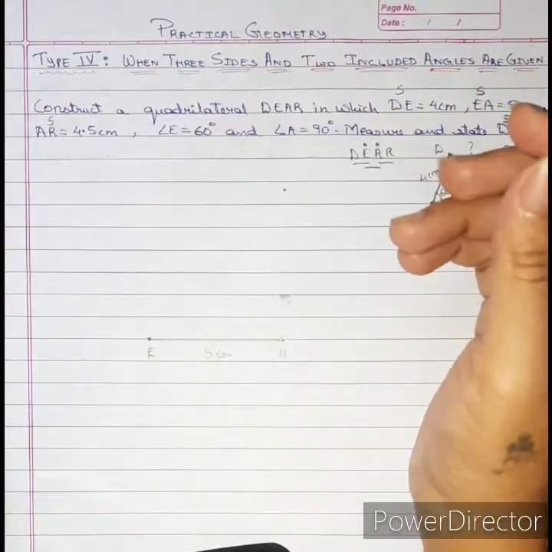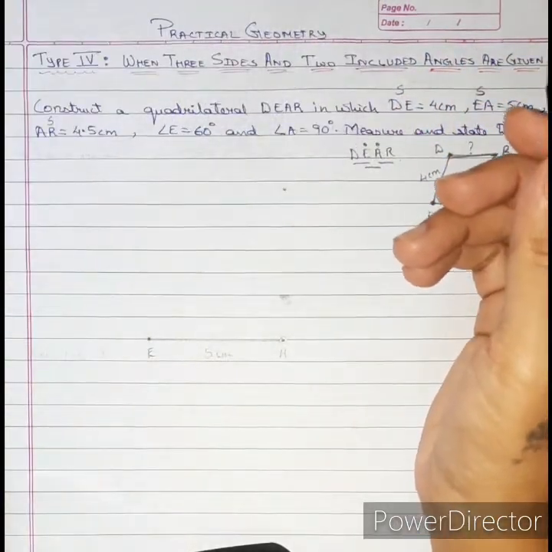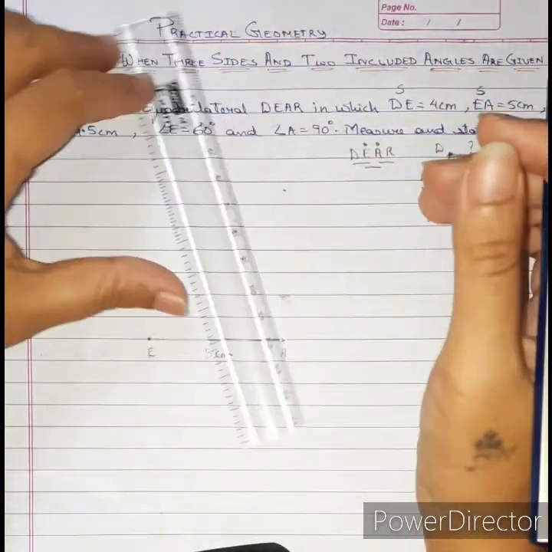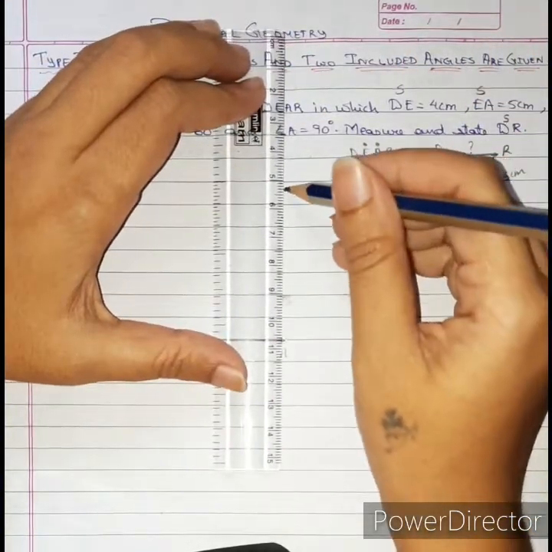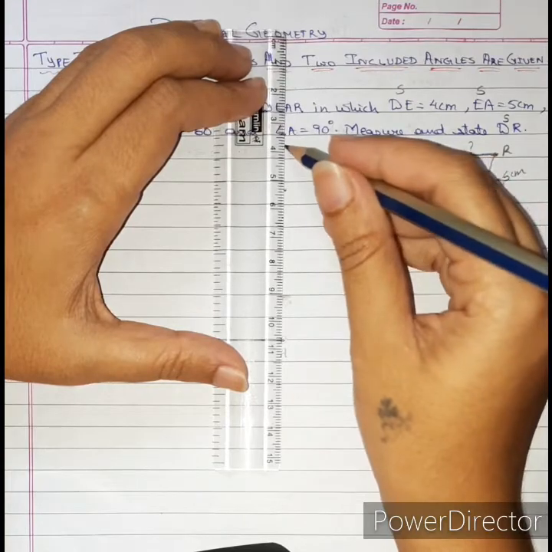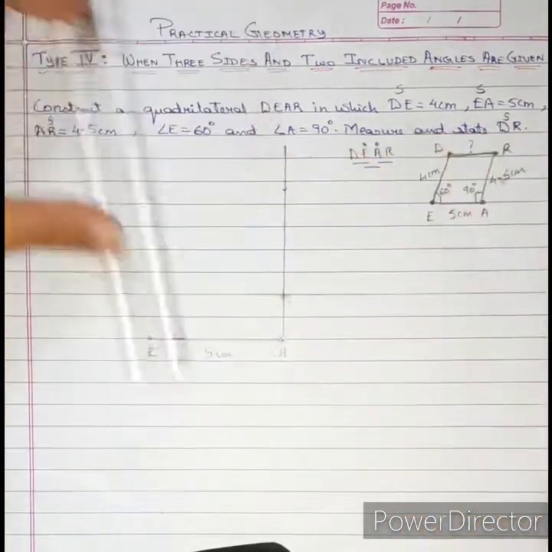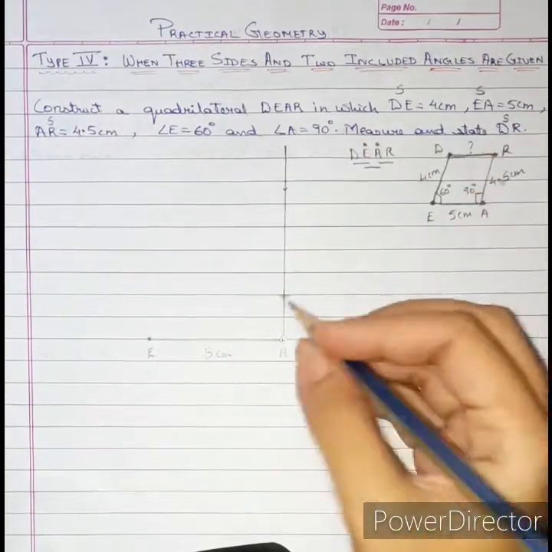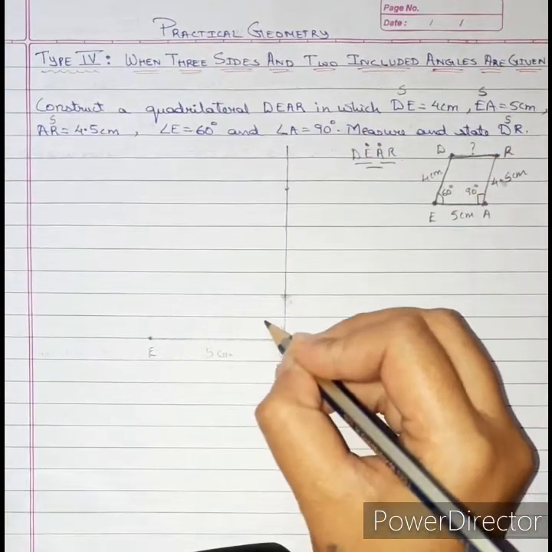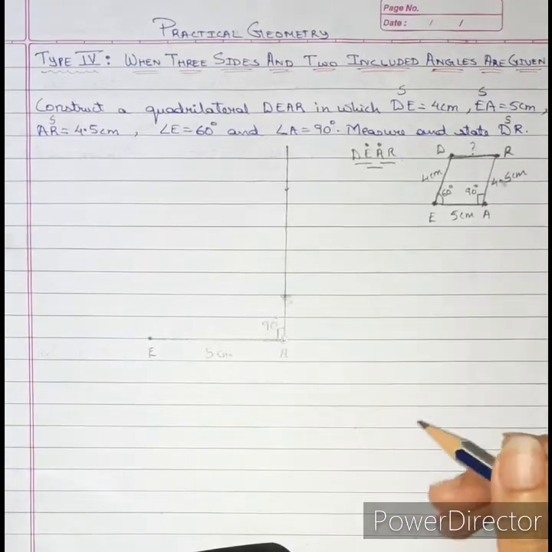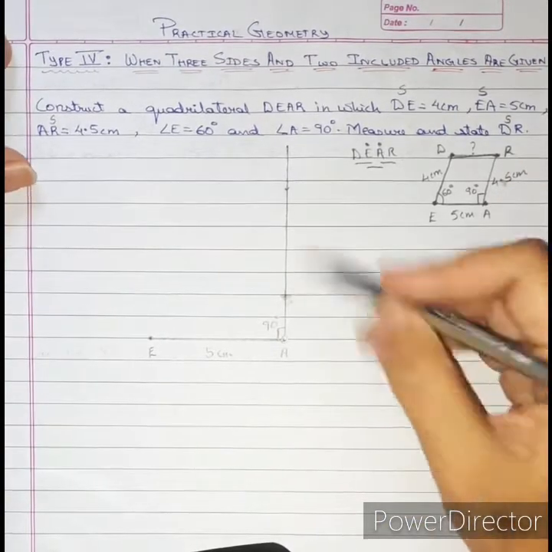Okay, please don't draw the line with a protractor, we need to use a scale. So draw a little extra. Okay, so we have drawn a little extra. Mark the angle 90 degree. Now let us finish this part only.